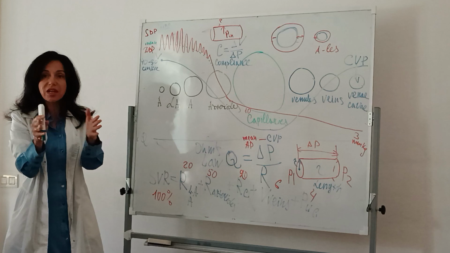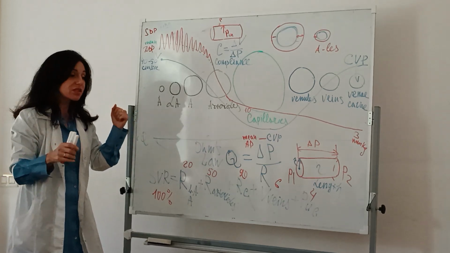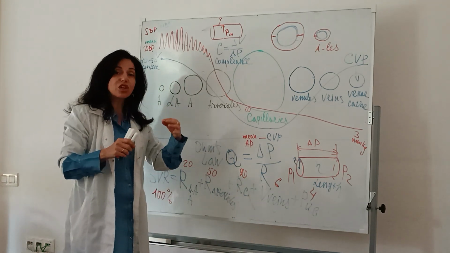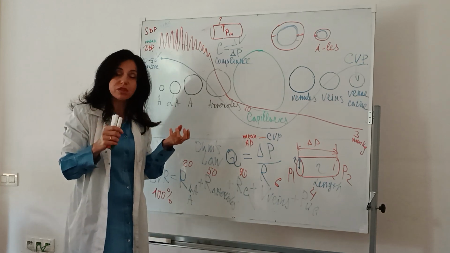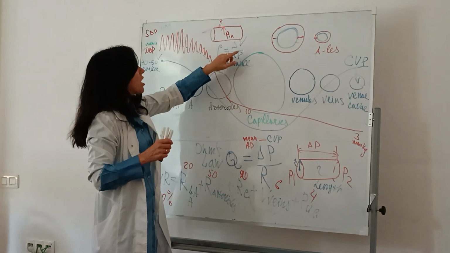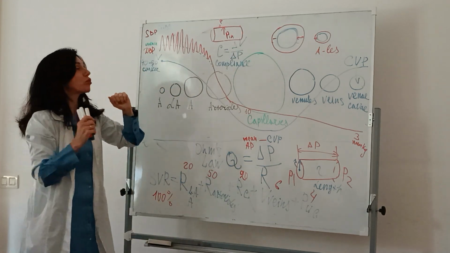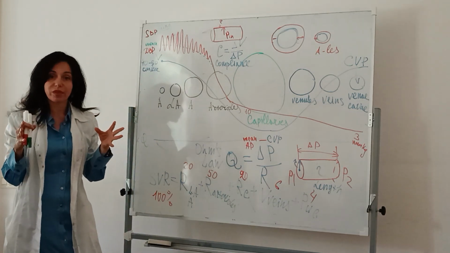But a blood vessel can have tone, and this tone resists the stretching force. Vessel volume shows the capacity to be stretched.